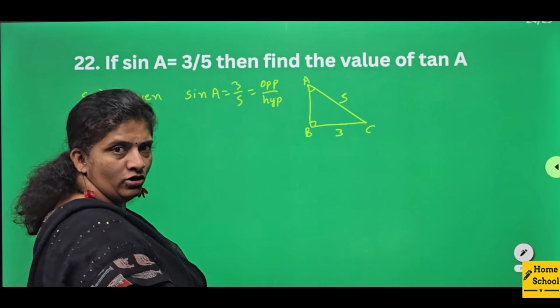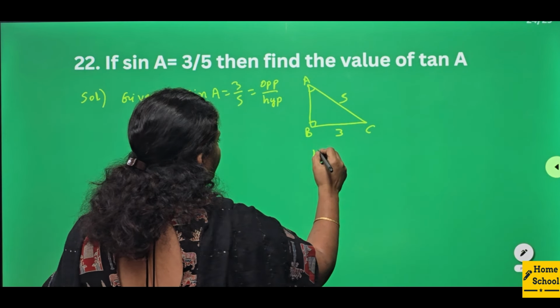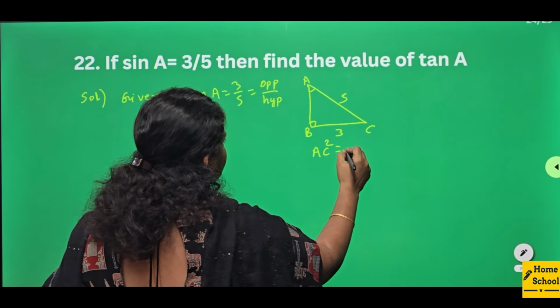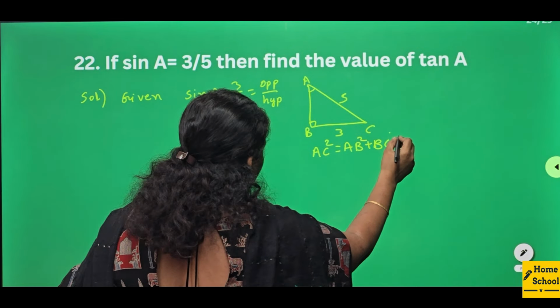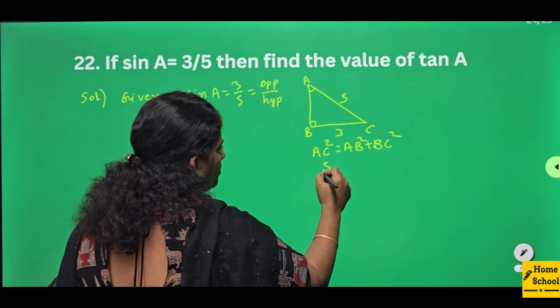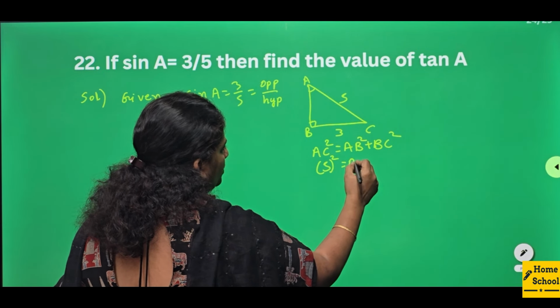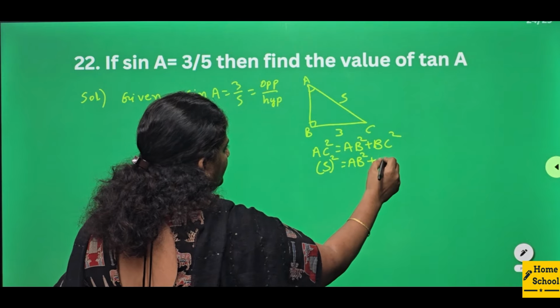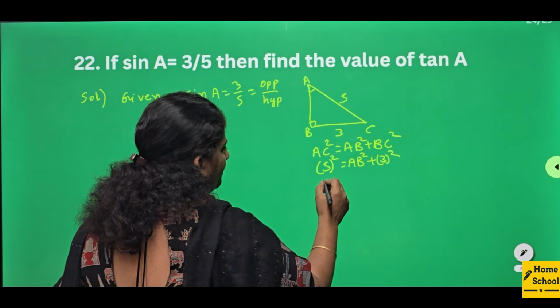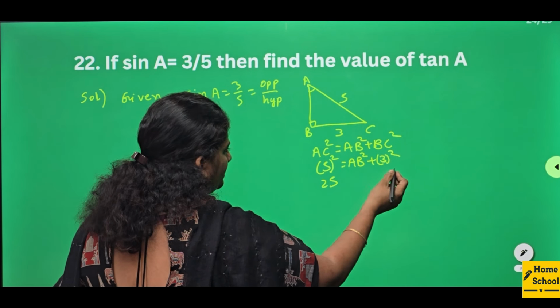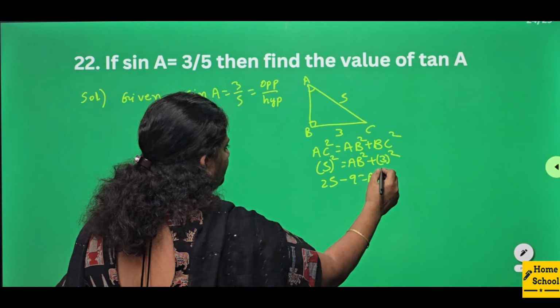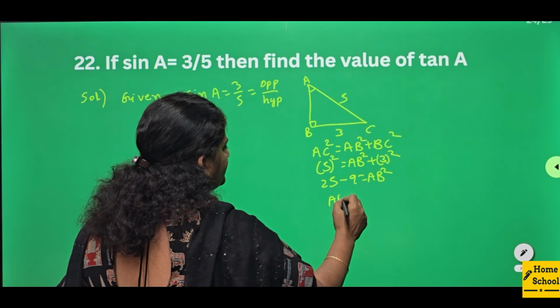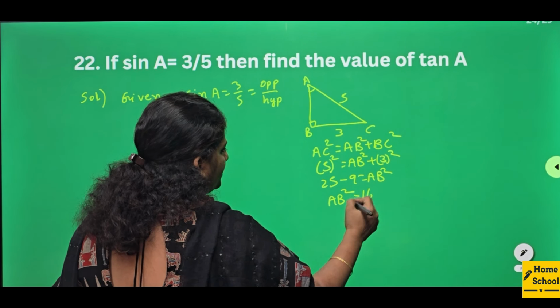We know the Pythagoras theorem. Apply that and find the missing side. AC square is equal to AB square plus BC square. AC is 5, whole square. AB square we don't know. BC is 3, whole square. 5 5s are 25. 3 3s are 9. Bring this to this side, it is equal to AB square. AB square is equal to 25 minus 9, which is 16.